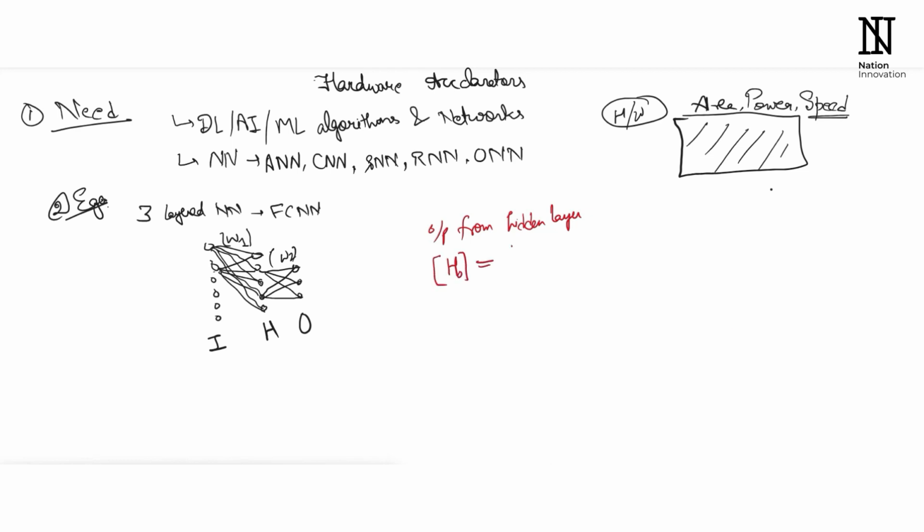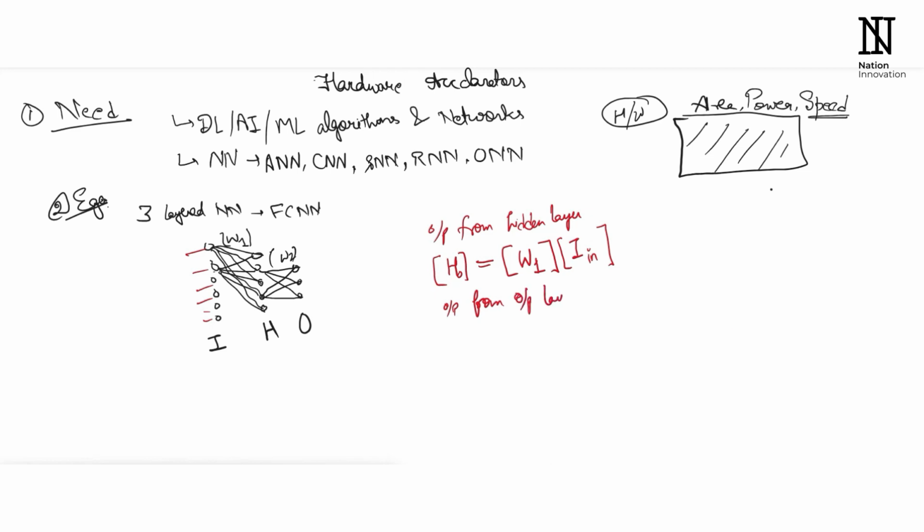There will be a matrix which will be the product of weight matrix W1 and the input vector. Whatever inputs we are giving here, this input vector multiplied by this weight matrix will give you the output from this.